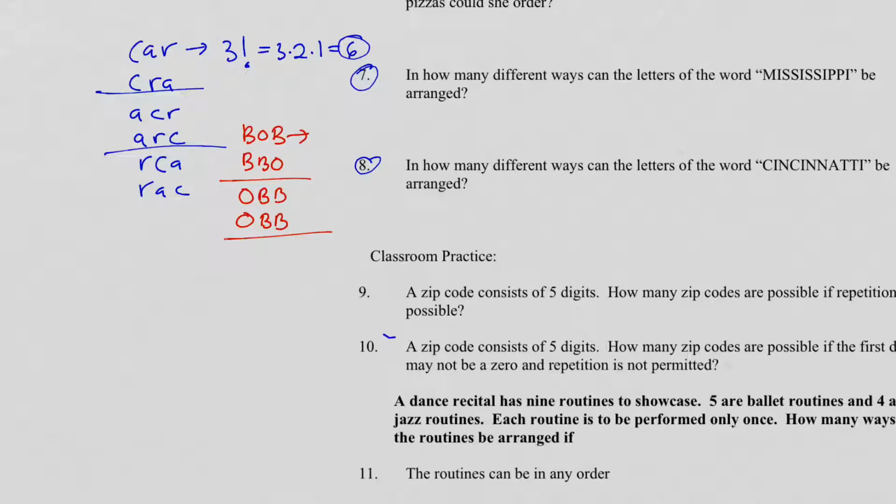Let's put the other B first. From the beginning, the second B, I'm going to put him first. That's the same thing as the first guy, right? Let me go ahead and switch the B and the O. Because we have a repeating letter, I only have Bob, I have BBO, and I have OBB.